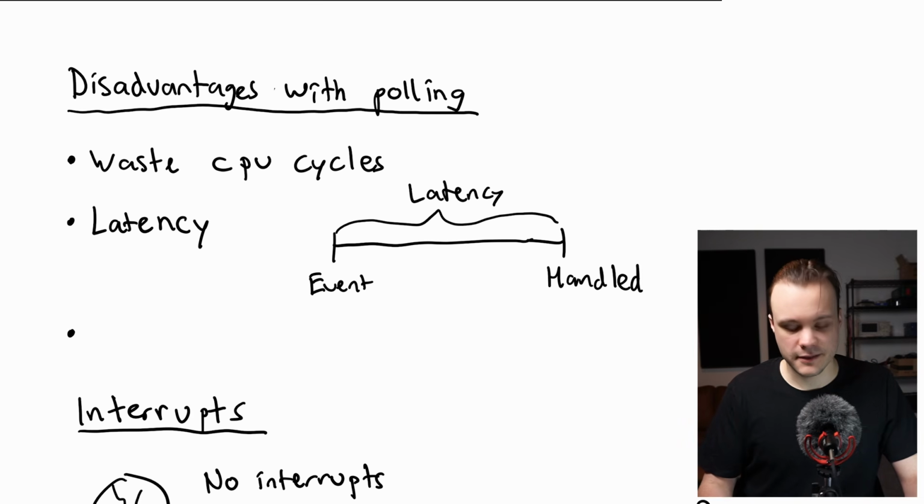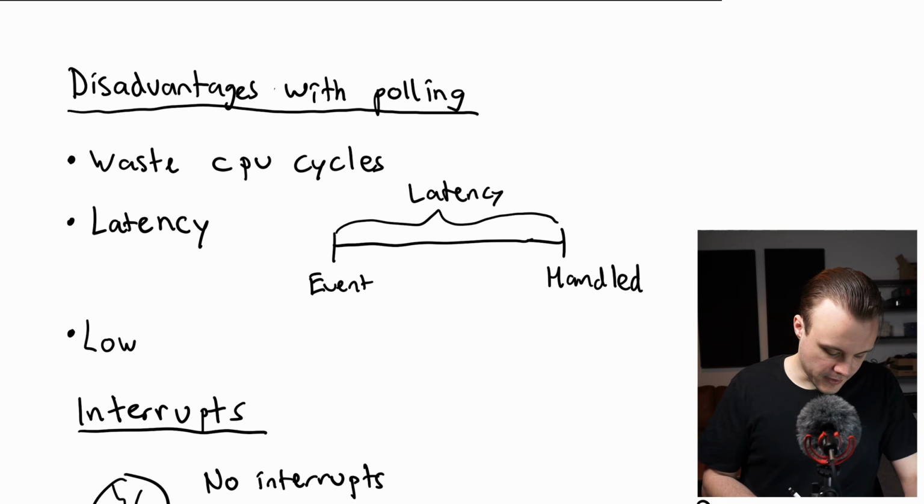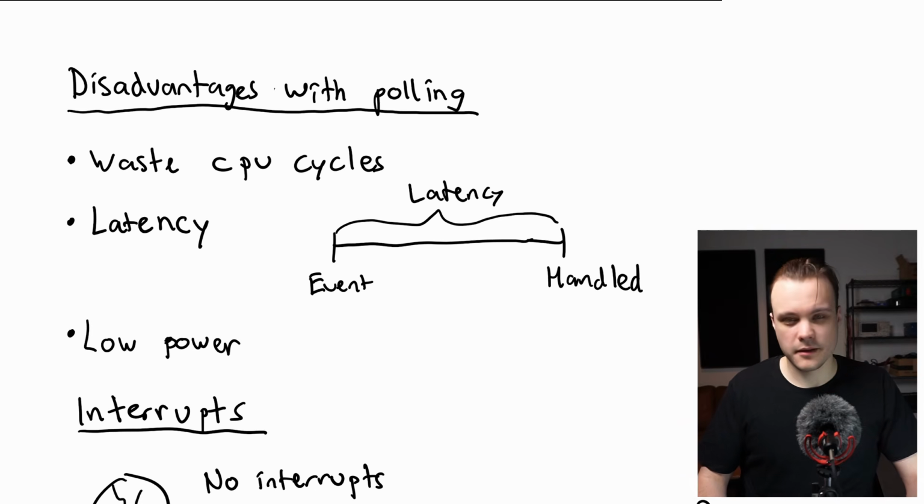A third big disadvantage with polling is that it entirely relies on the microcontroller being up and running. And this means that the microcontroller can't be in a low power mode where we clock down the microcontroller or simply turn it off or put it inside a standby mode, which is often common these days in battery powered devices when most of the time the device is going to be in some sort of standby mode, and it's only going to be waking up when we press a button or it needs to collect some data or whatever it's doing.